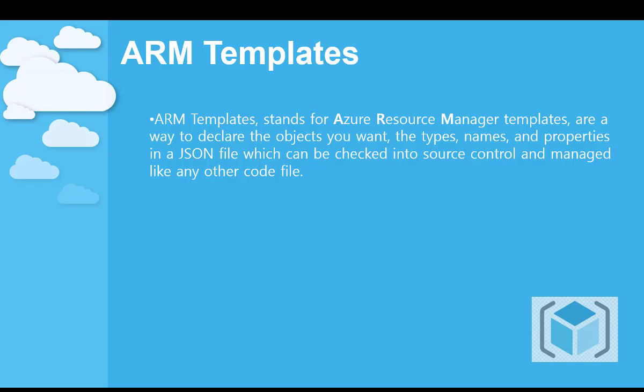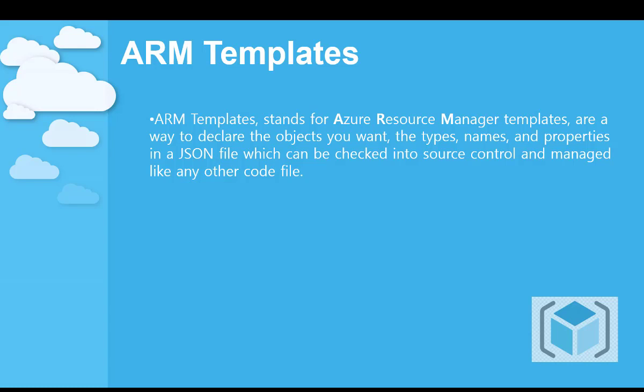The resources that the ARM API manages are objects in Azure, such as network cards, virtual machines, and hosted databases. The main benefits of the ARM API are that you can deploy several resources together in a single unit, and that the deployments are idempotent.